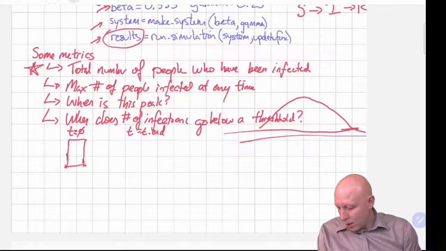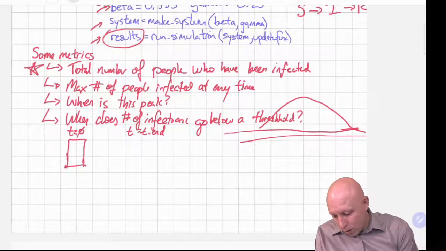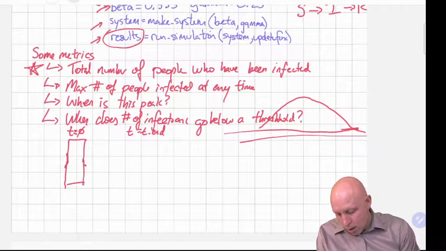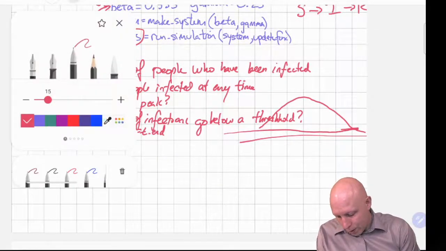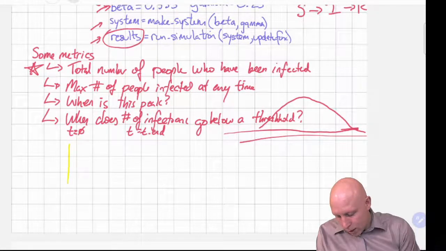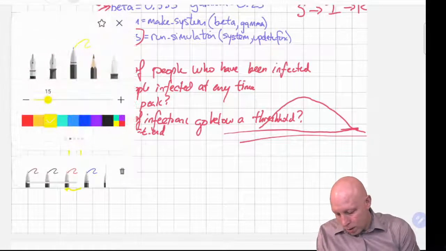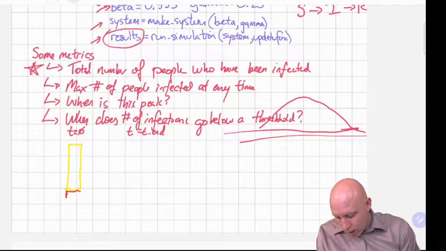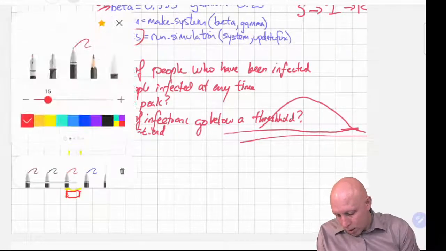So at the beginning, we've got some amount of people who are susceptible. And you know what? I think I want to consider yellow. Let's make that yellow. All right, so we've got some susceptible part of the population. We've got some infected part of the population, and we have some recovered part of the population.